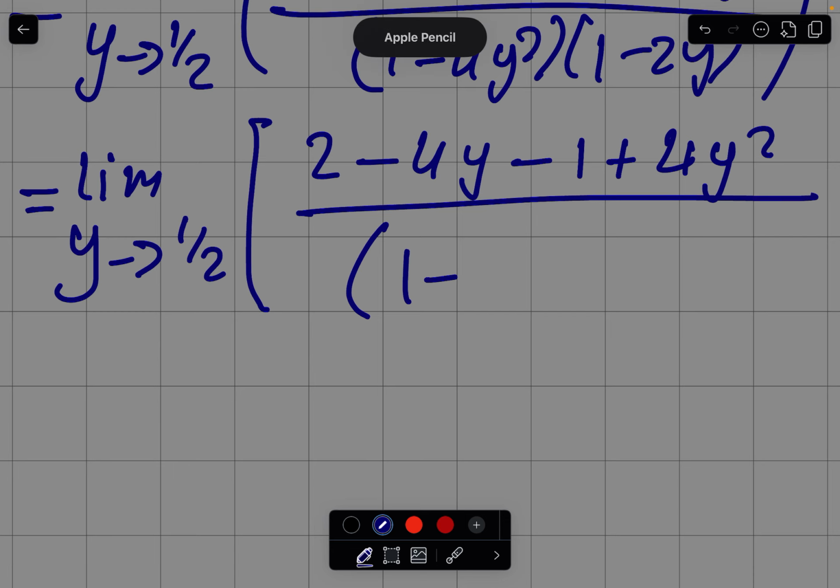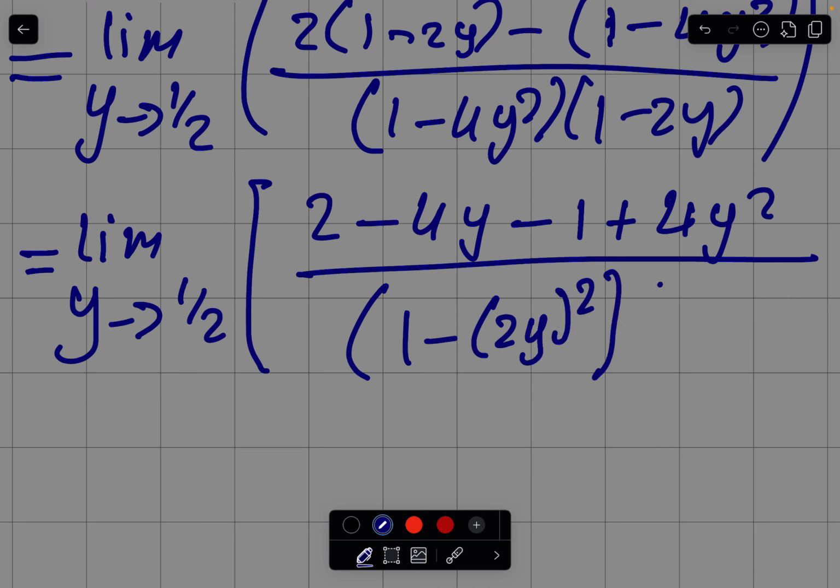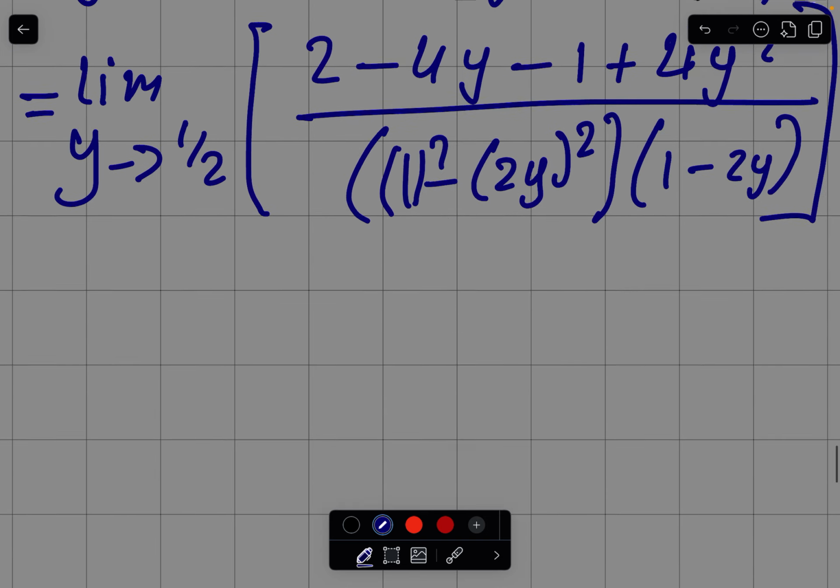So you're going to have what? You can still say this thing is the same as 2 into y, all squared. Understand? Therefore you have what? 1 minus 2y, and this one is the same as squared.